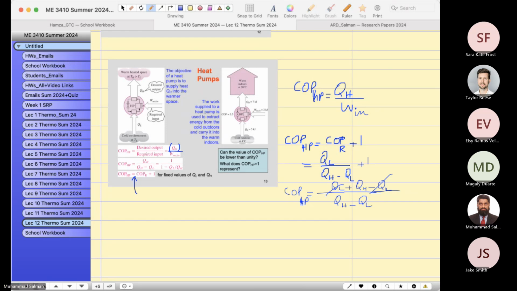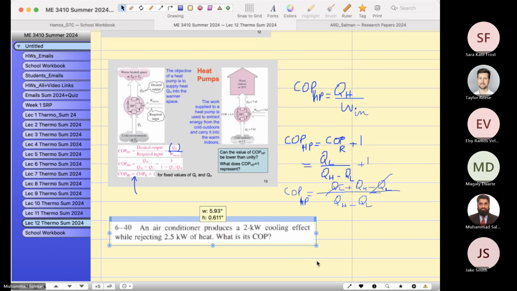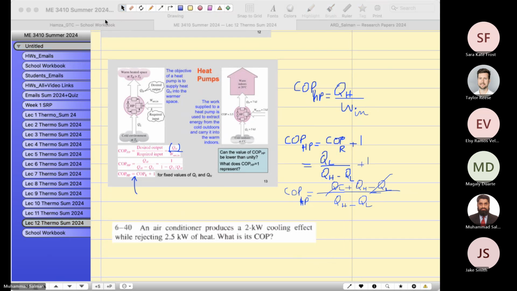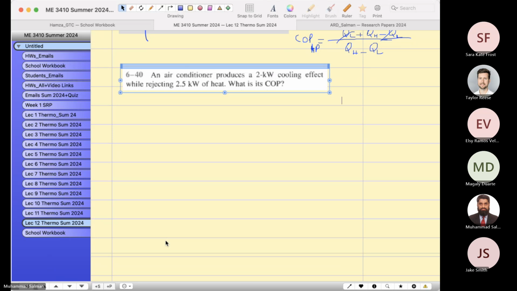So let's do one problem. It says that an air conditioner produces a 2 kilowatt cooling effect.